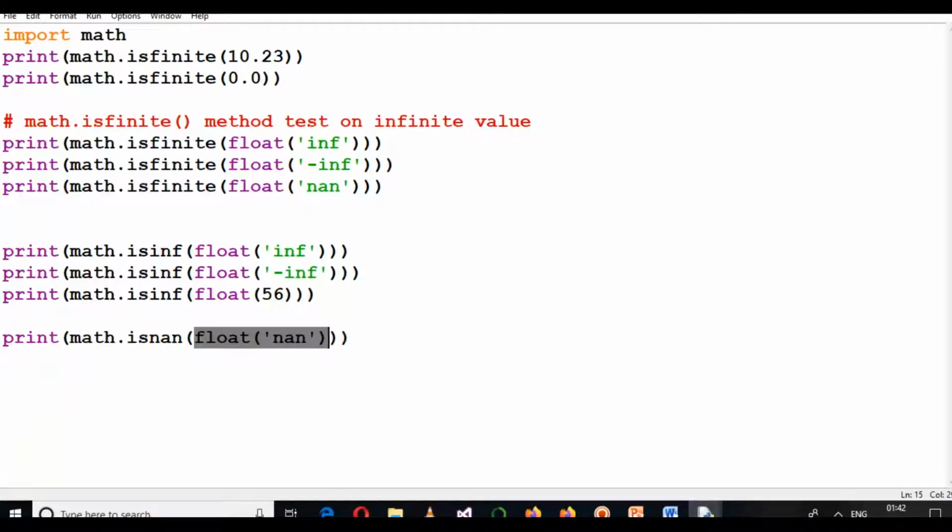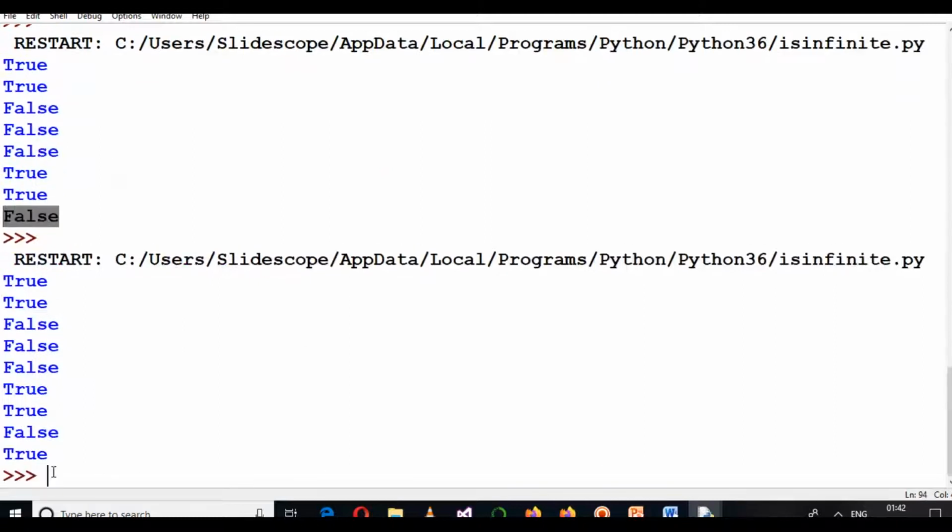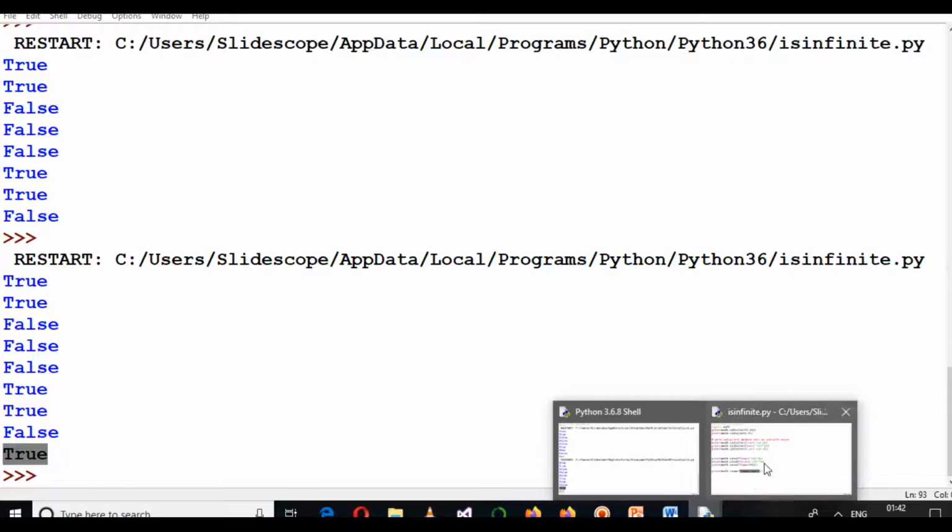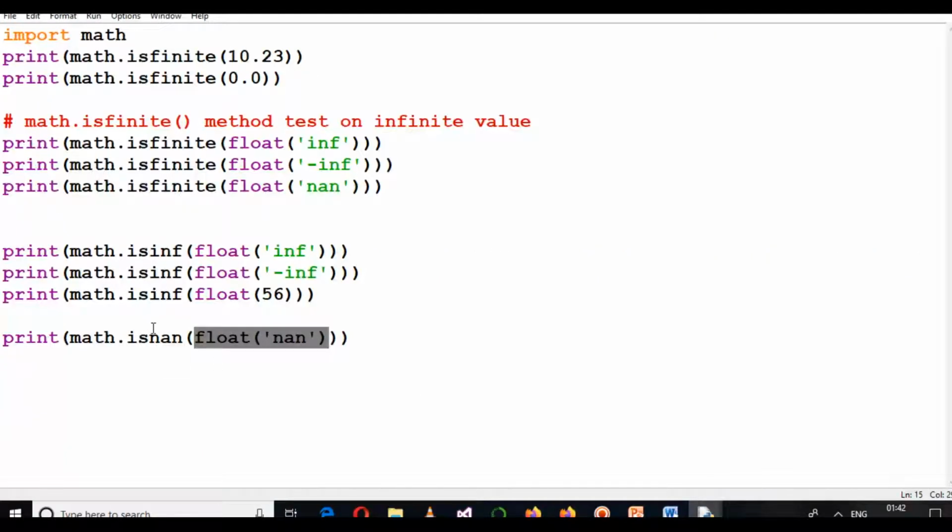So you will see a true output here, because yes, the value that is entered inside as a parameter is not a number.